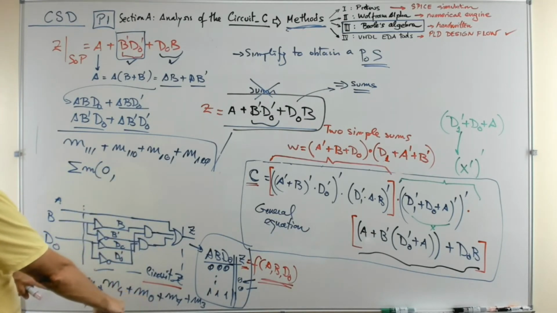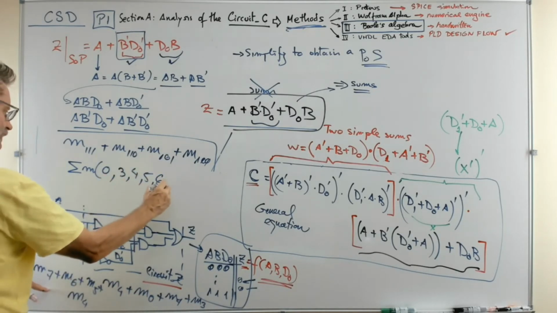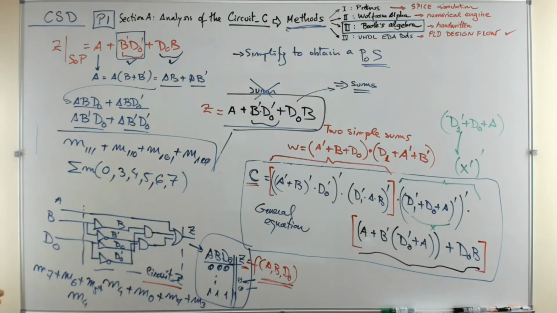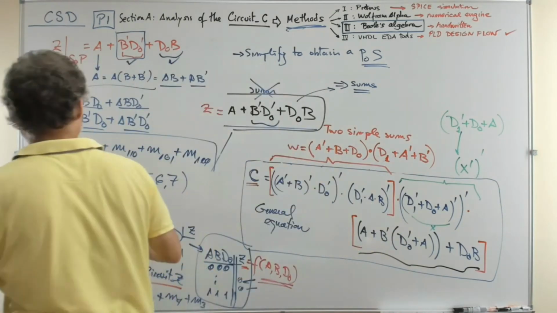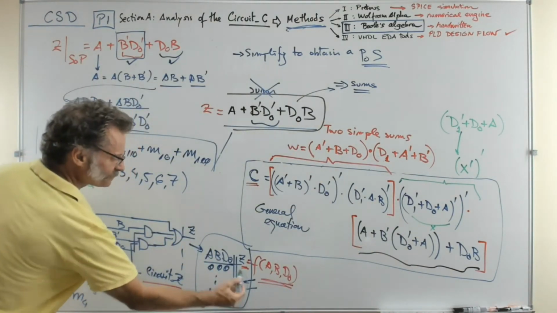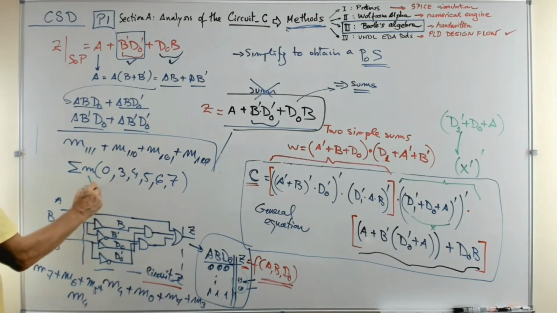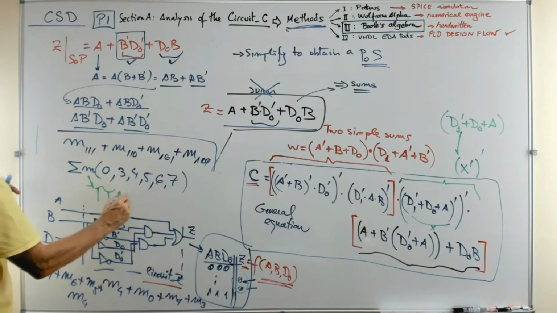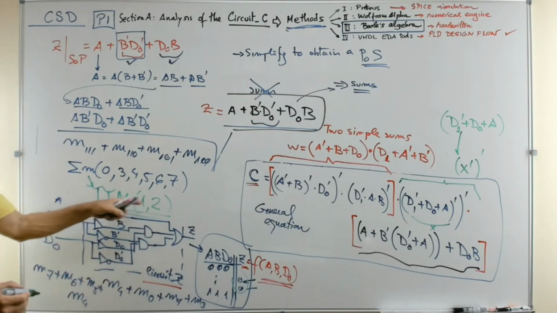I see that now the next one is the 3, the 4, the 5, the 6, and the 7. Very well. The ones which are not ones here are going to be zeros. So you have 6 ones. It happens that you have the 1 and the 2 as maxterms, right?